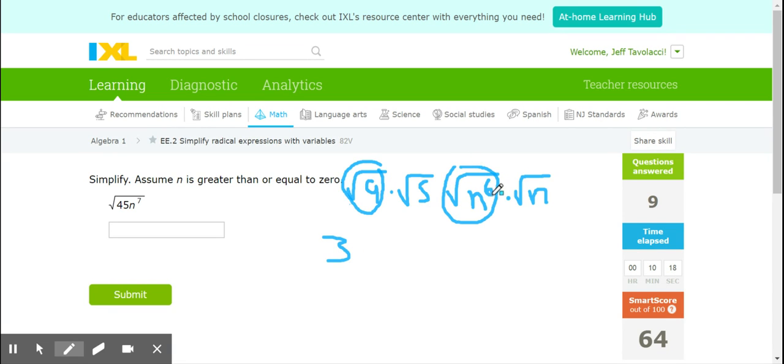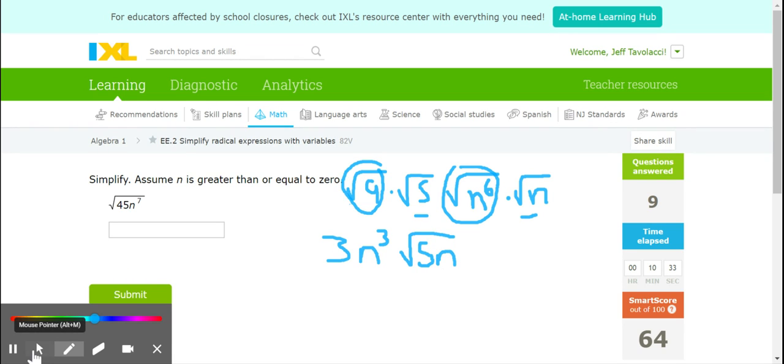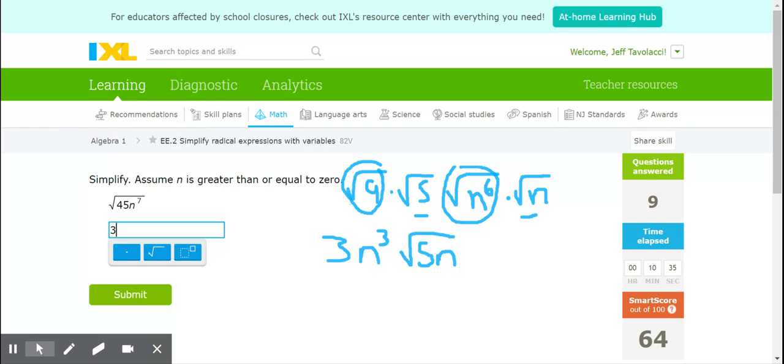Square root of n to the 6th we can take. 6 divided by 2 is going to be 3, so n to the third is the square root of n to the 6th. Now these two we can't take the square root of, so they just meet up underneath the radical. So 3n to the third square root 5n.